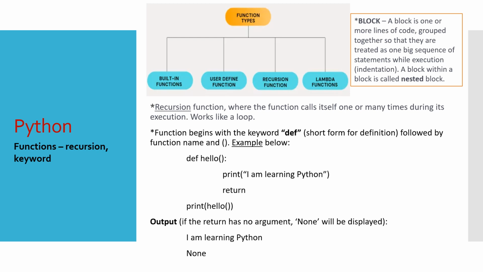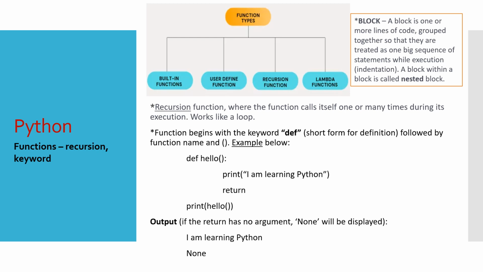But in this case, I'm learning Python will always be displayed because there is an argument in the print statement. So when you type hello, after you define the hello function, it will do I'm learning Python. The None at the bottom, please ignore that. That's my typing mistake.